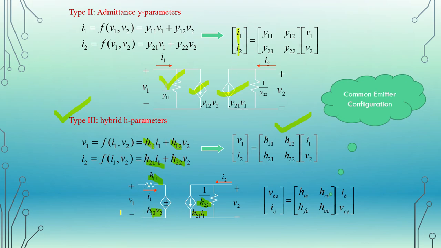For hybrid parameters, the input is the voltage source and the output is the current source. We have to remember this. So it will be V1 by I2, H11, H21, H12, H22. H11 is completely part of the input, H22 is completely part of the output, and these two are the transfers. If we consider this with the input voltage and output current of a transistor configuration, the most commonly used configuration is common emitter.